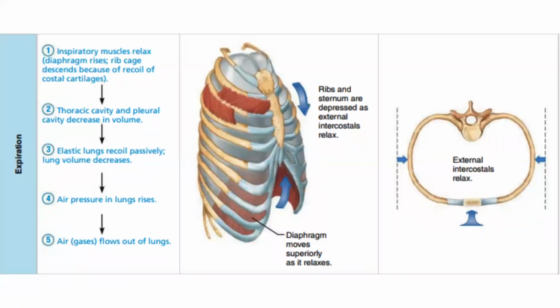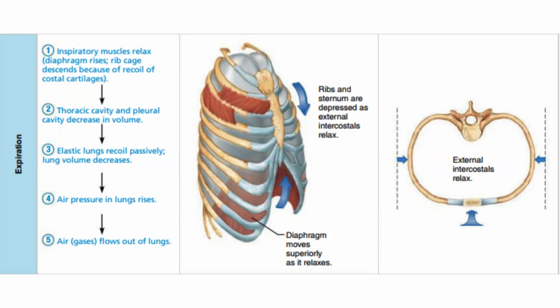And with quiet expiration, what do you need to do? You just need to relax and stop the inspiration process. The inspiratory muscles relax, the diaphragm becomes dome-shaped, and the rib cage comes down as the external intercostal muscles stop contracting. That will reduce the thoracic volume.